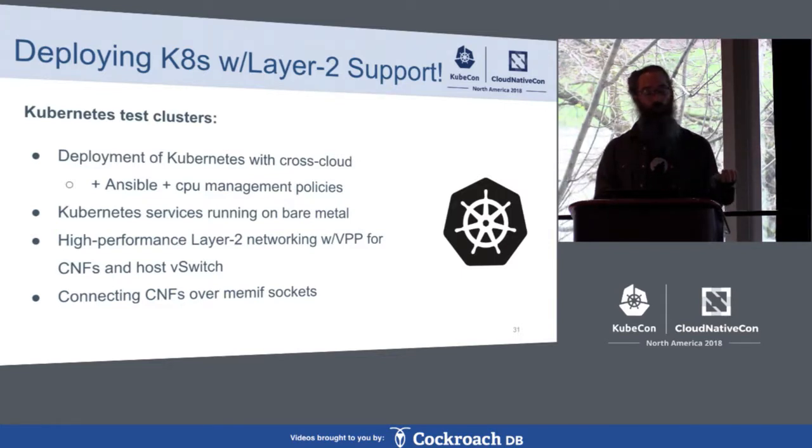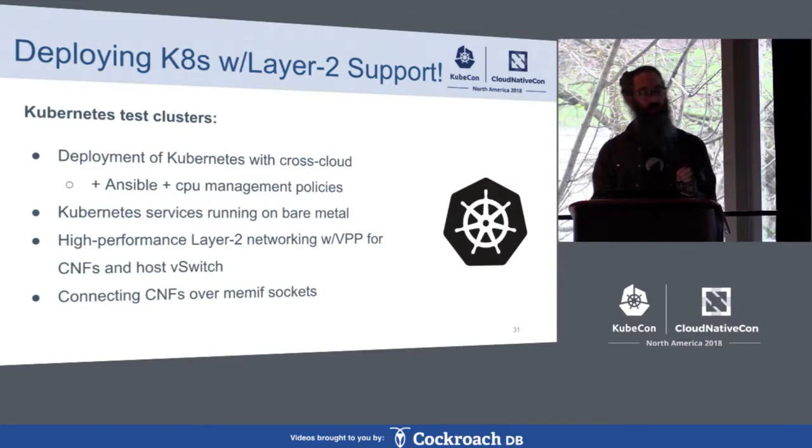We added support for CPU management policies and some other specific Kubernetes things so that we can isolate the hardware usage, which is really important for performance in this side. And then all services that we're running for this are bare metal, important specifically for network function testing.